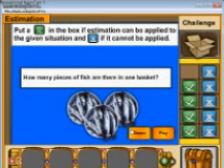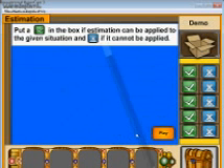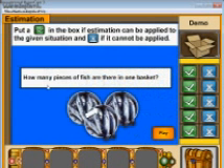For example, we will press this demo. Go. So how many pieces of fish are there in one basket? Since we can estimate how many fishes are there in one basket, then we can apply estimation to the given example, and we put the check in the box.